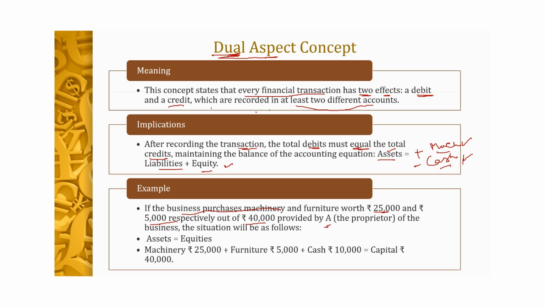So in this situation, assets should be equal to equities, that is assets में machinery 25,000 और furniture में 5,000 ऐड हो जाएगा, और कैपिटल क्योंकि हमारी 40,000 थी जिसमें से 25,000 और 5,000 हमने यूज कर लिया, बाकी जो 10,000 है that is still with us as cash, right? So you can see the equation matches, that is asset side machinery, furniture and cash is equal to the capital, that is equal to 40,000.